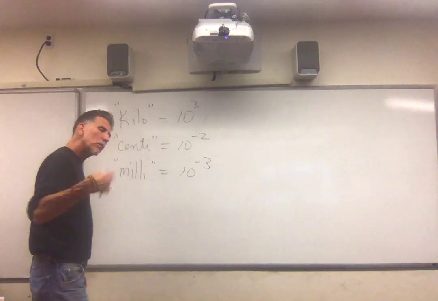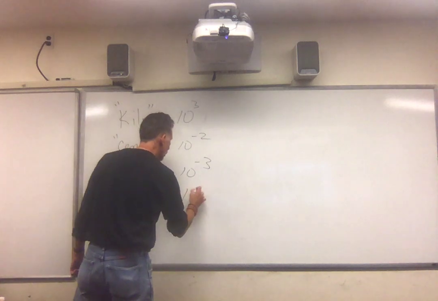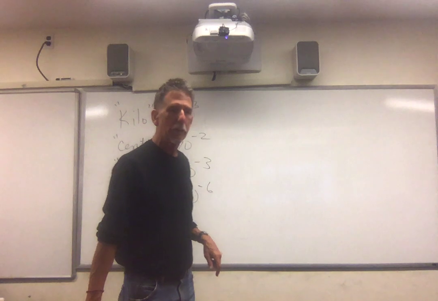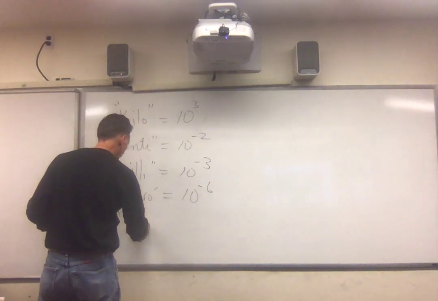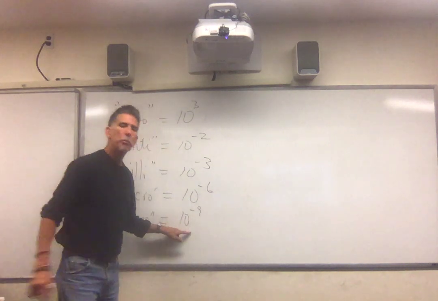Okay? Now, micro is 10 to the minus 6. Micro refers to millionth. Okay? And then finally, a word everybody knows today with technology, nano is 10 to the minus 9. This is a billionth.